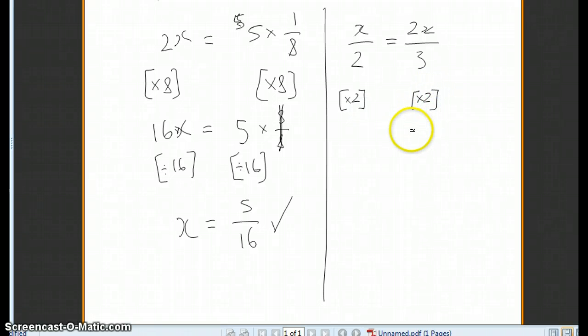So times both sides by 2, gets rid of the denominator on the left hand side. This right hand side has to be times by 2. So I can either write it like this, 2 multiplied by 2x over 3, or I could write it 4x over 3.